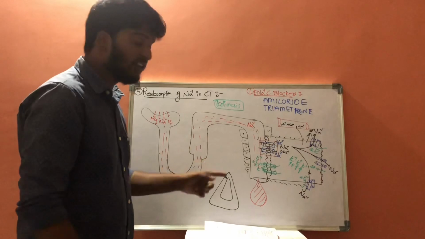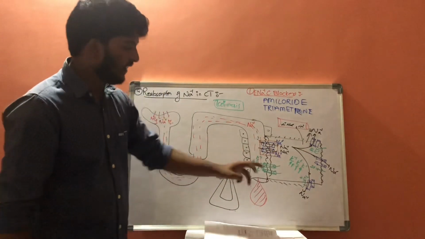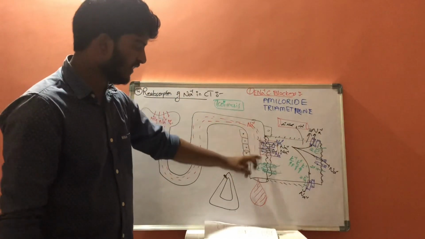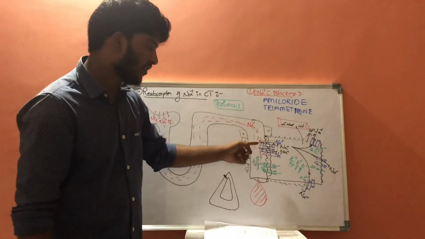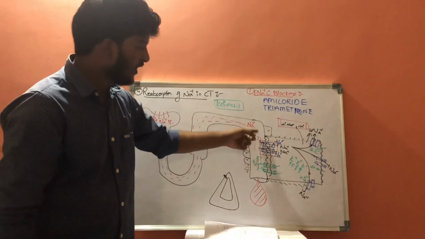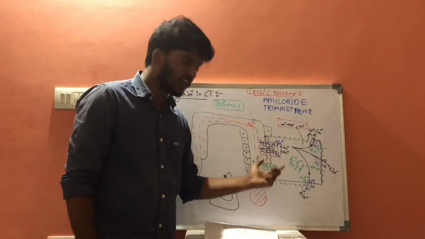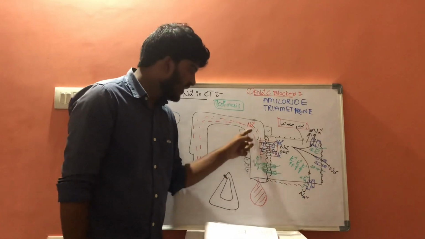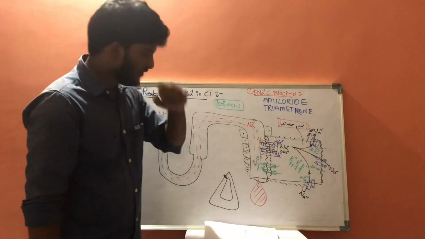The second function is that it increases the number of sodium channels on the luminal membrane, so there will be more rapid reabsorption of sodium ions. So reabsorption will be increased.